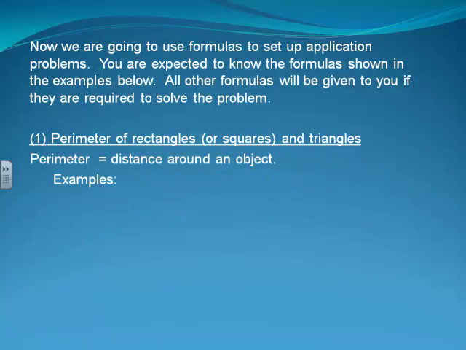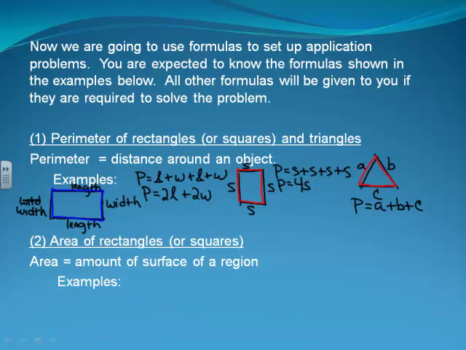So perimeter is something that I would expect you to know. The second thing that I would like for you to know is the area of rectangles or squares. Now area, by definition, is the amount of surface of a region. So let's look at a rectangle example first.